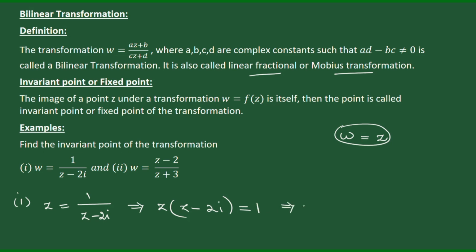If we simplify further, we get a quadratic equation, Z² - 2iZ - 1 = 0, with the right side 1 taken to the left as minus 1.